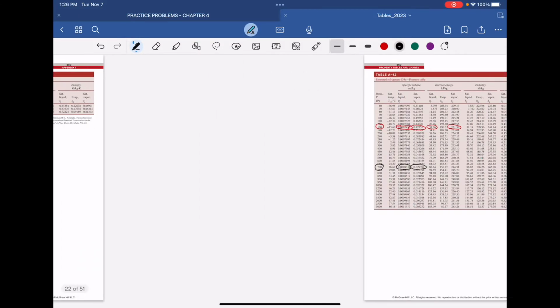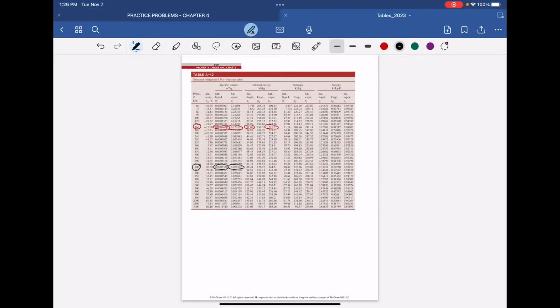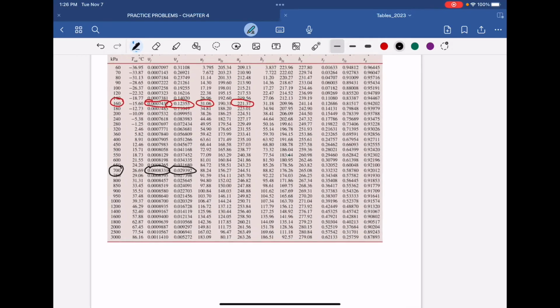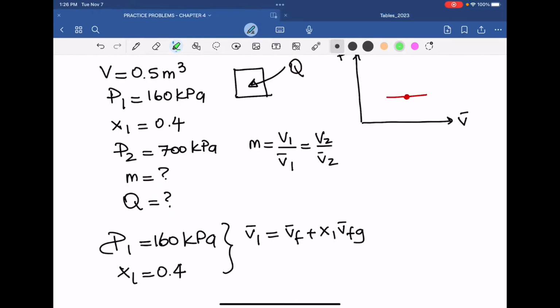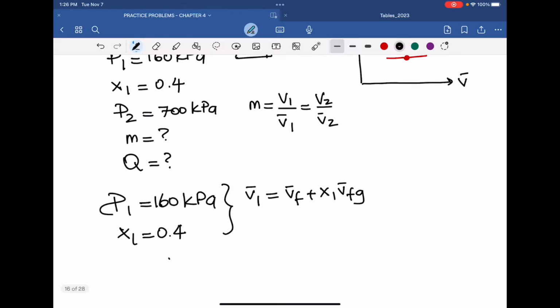We go to the tables, and at 160 kilopascal, right there, we previously highlighted this, we can read what is vf, what is vg, what is uf, what is ufg, whatever we need, we can read from there and then calculate the properties that we want.